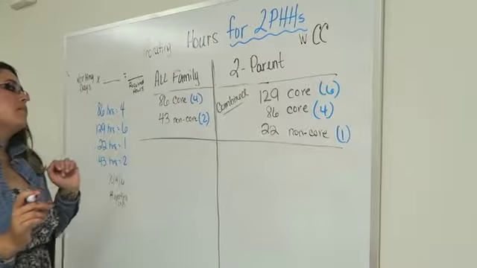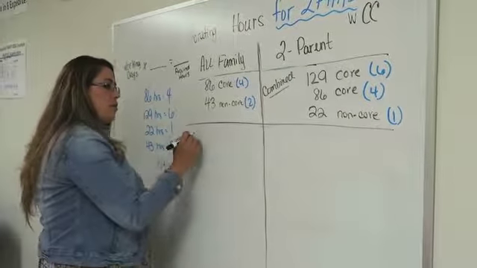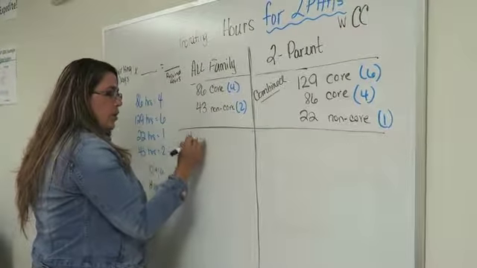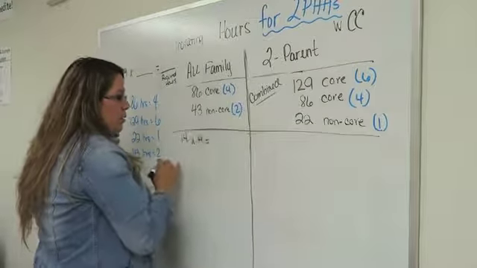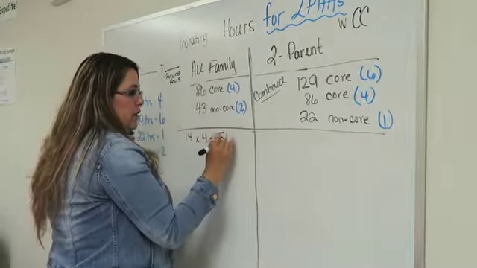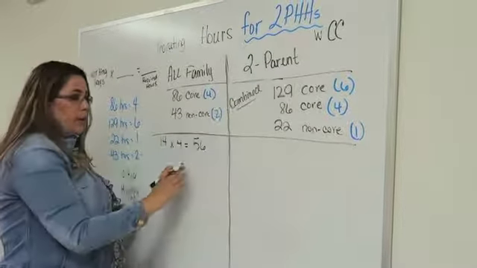Let's really look at this. You would simply take 14 working days times 4, which would be 56.